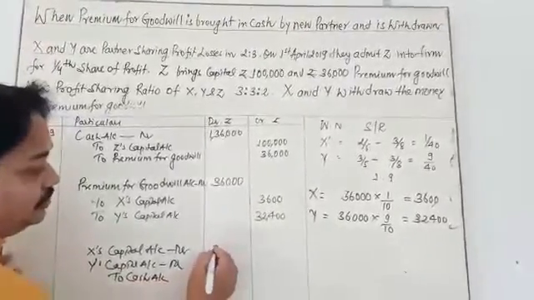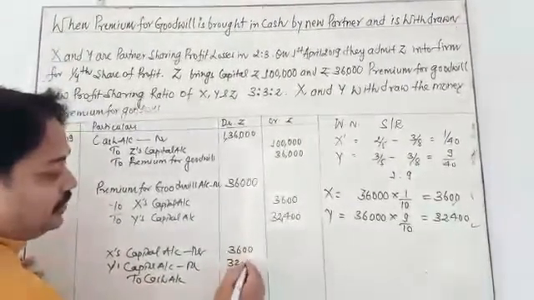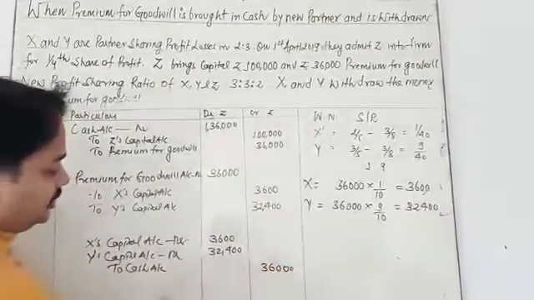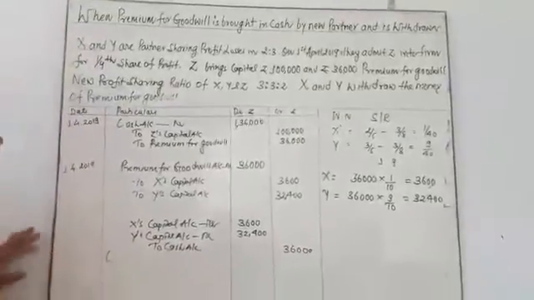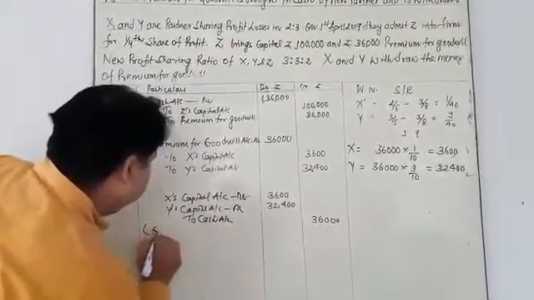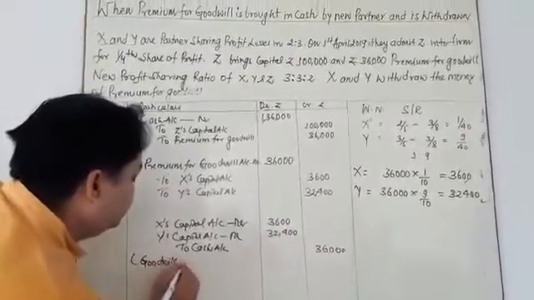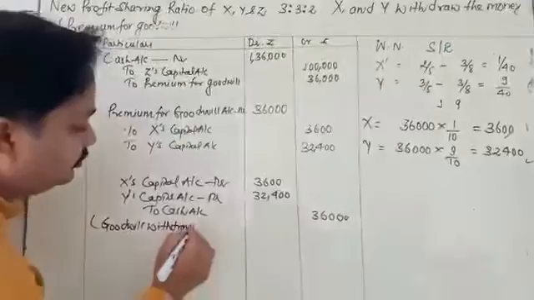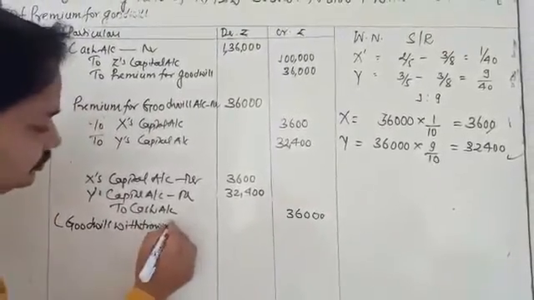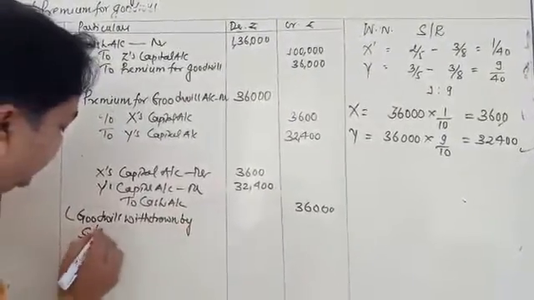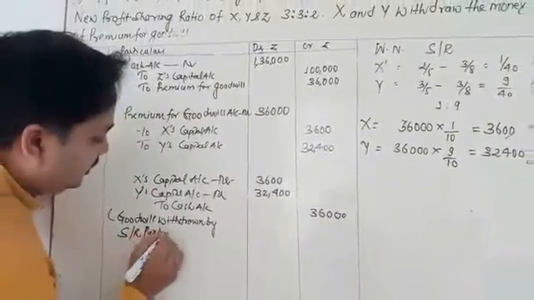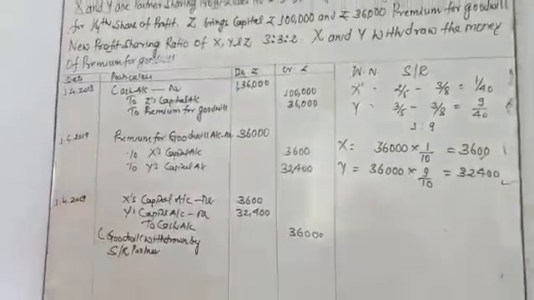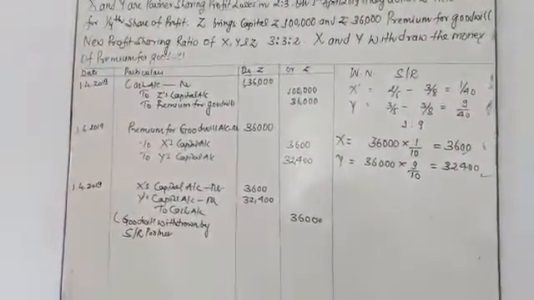X withdraws 3,600 and Y withdraws 32,400, and the total amount is 36,000. Put the narration: goodwill withdrawn by sacrificing partners. This is the solution, on the same date, 1st April 2019.